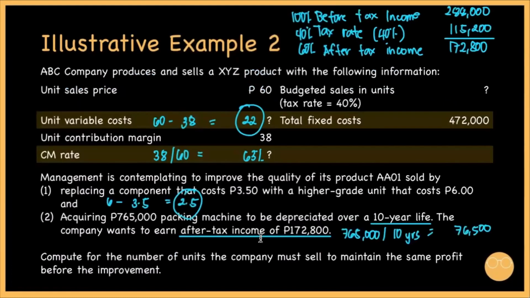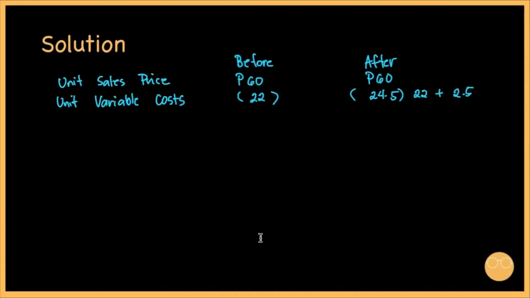A while ago, our contribution margin was 38 pesos. But since our new unit variable cost is now 24.5, there will be a change in the unit contribution margin, and that will be 38 for the before and 35.5 for the after any adjustments.